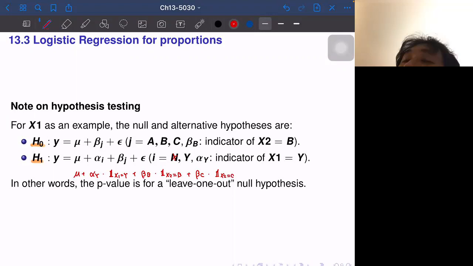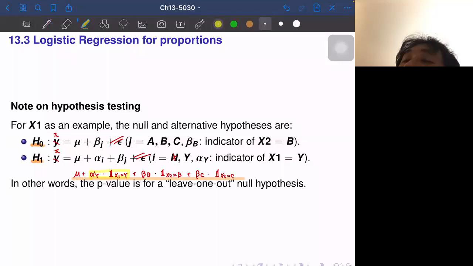Actually the epsilon isn't really correct in this context, but the probability of y equal to 1, so this maybe should be pi. So this is the alternative hypothesis, and the null hypothesis is the alternative less this term.